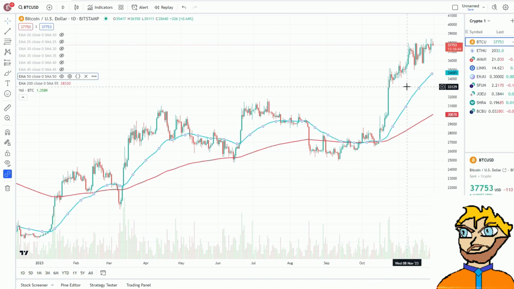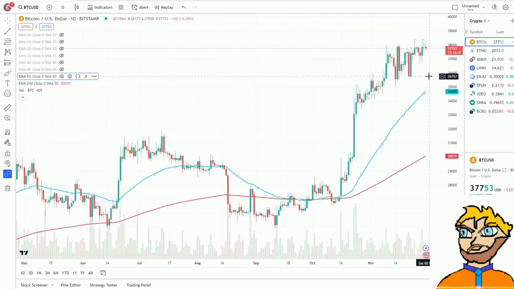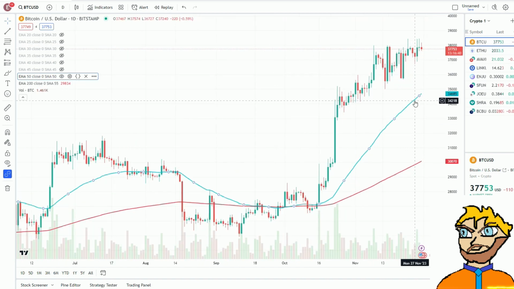So my exit strategy is when this 50-day moving average, the blue line, is crossing the 200-day moving average line again to the downside, and we see more than 5 candles not touching the 200-day moving average below.